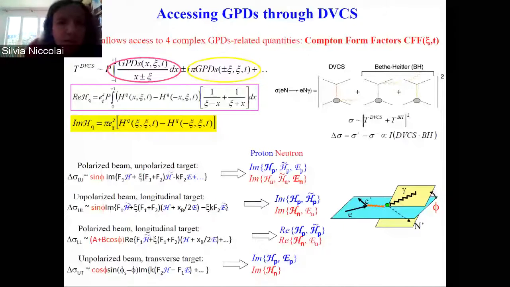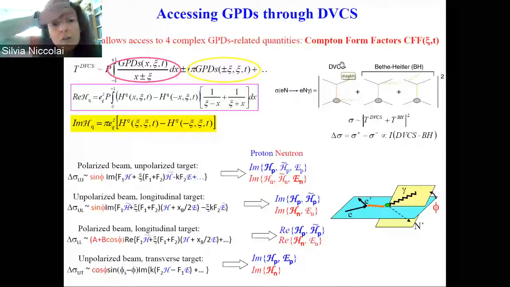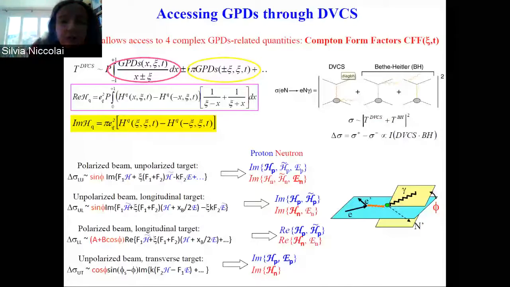As Maxime said, what we access via DVCS is not directly the GPDs, but combinations of these Compton form factors, which appear with different weights in the expression of the different observables that we can measure. Depending on which target we use, either the proton or the neutron, and which observable we extract, we can be sensitive to different combinations of these Compton form factors.